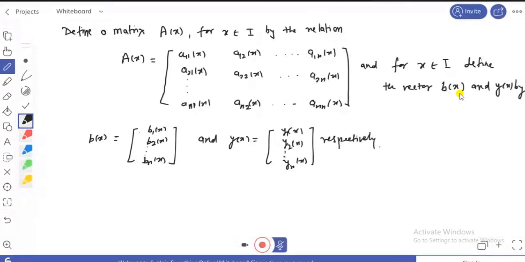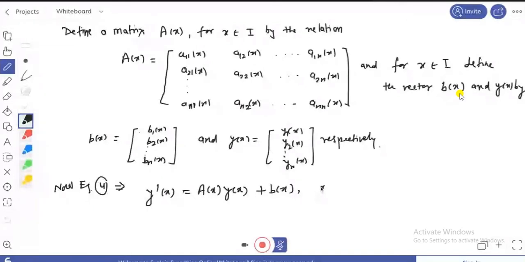So if we define these things, so our equation, that is equation number 4, can be rewritten as y prime equals A(x), that is the matrix, times y(x), okay, and plus b(x). So this system of equations we can write in matrix form.